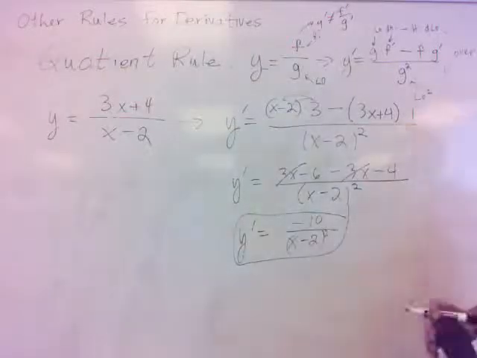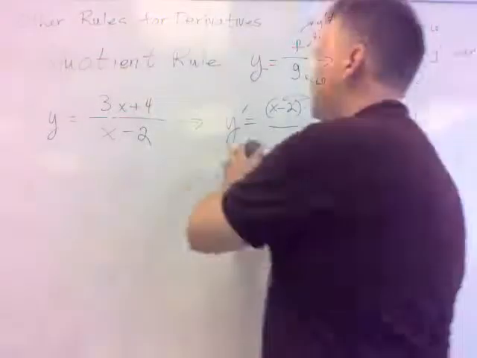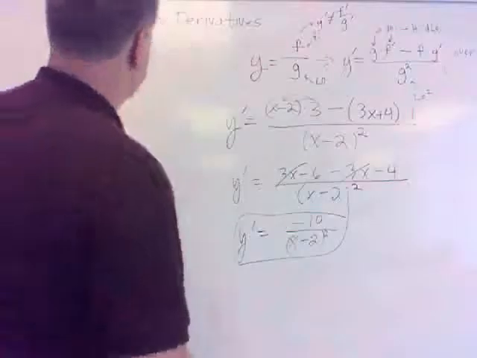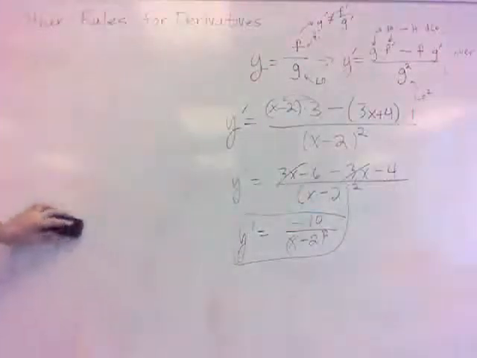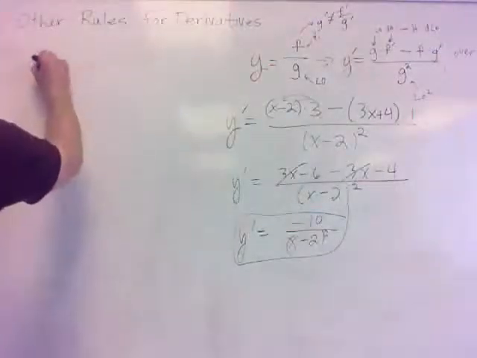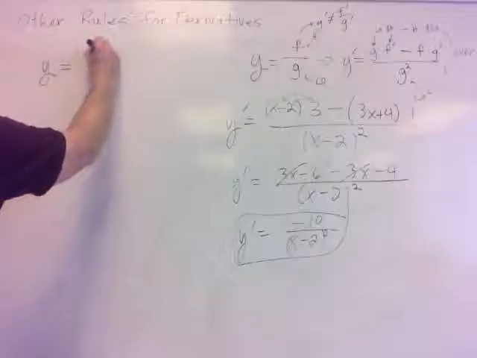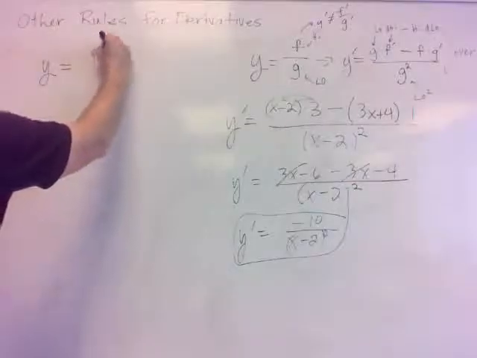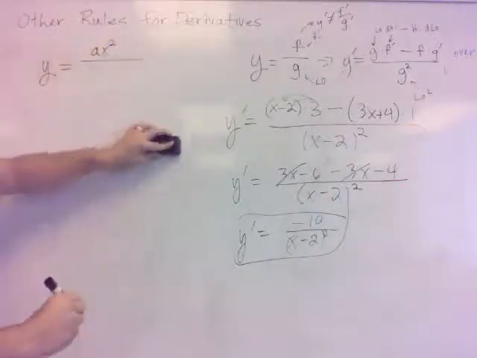All right, let's see. Here's another one. Yeah, we haven't come across this yet. So let's say I've got y equals ax squared over (bx plus c).